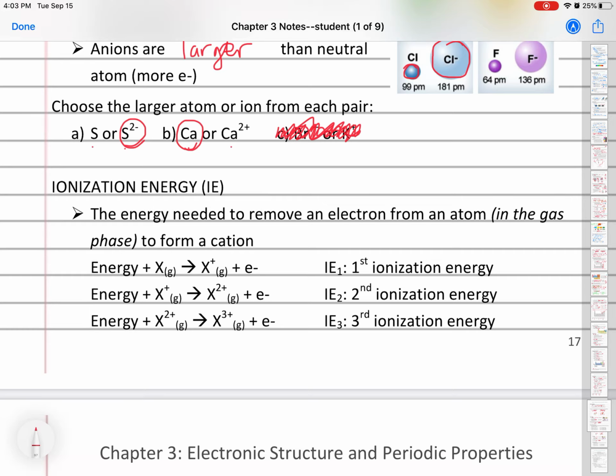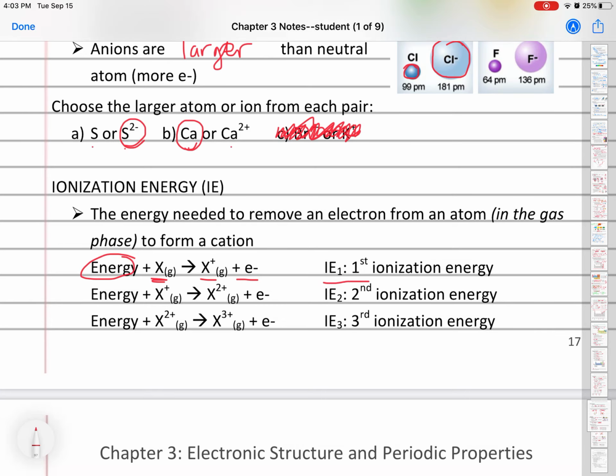All right, so ionization energy is the energy that's required to remove an electron from an atom. When I explain this, I always do this little plucking motion, like I'm plucking an electron out of an atom, okay? So if you have some atom and you remove an electron, what you have left now is a cation, all right? The energy that it takes to do that is called the ionization energy.